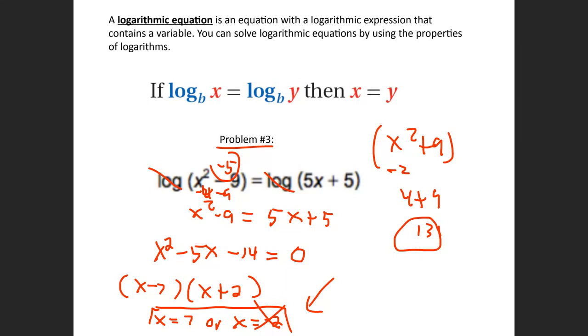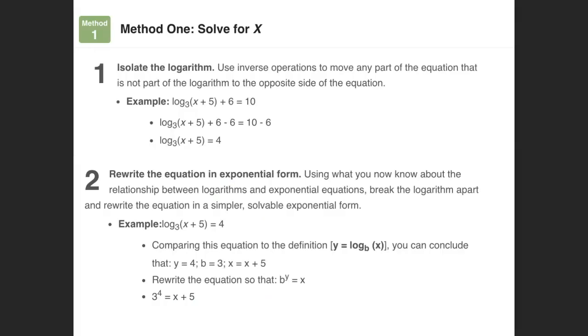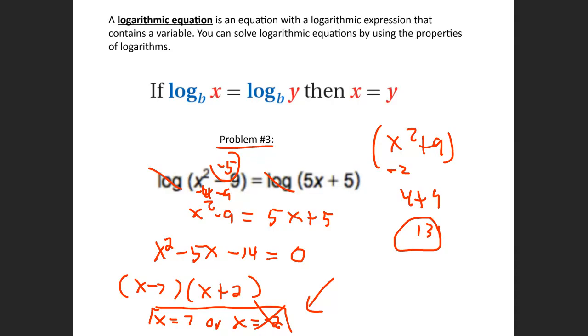Okay. All right. So now, the other way to solve a logarithmic equation is to rewrite it as an exponent. What? We just rewrote exponents as logarithms. Yes. If you can't just cross off the logs like we did here, then you can rewrite it as an exponent.